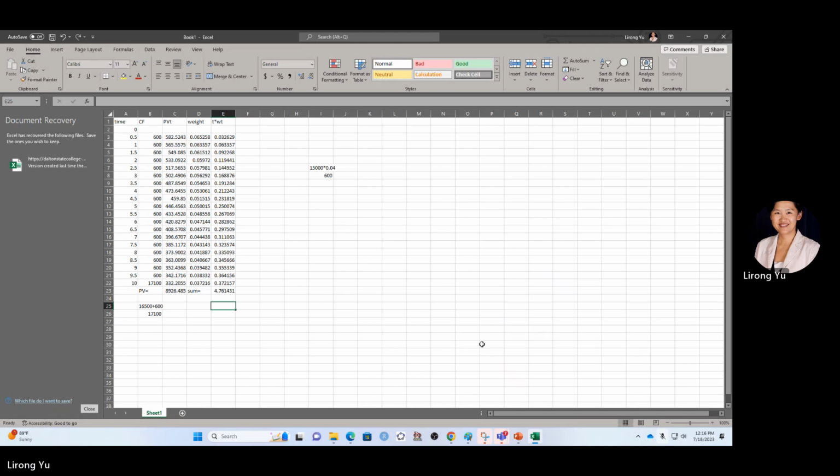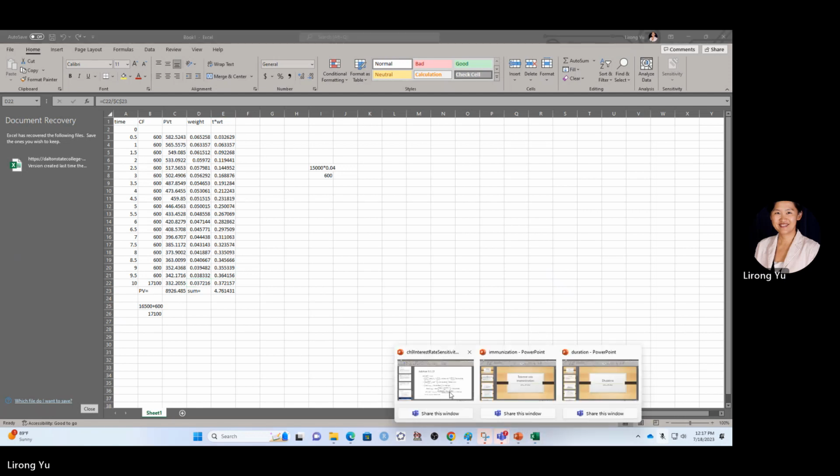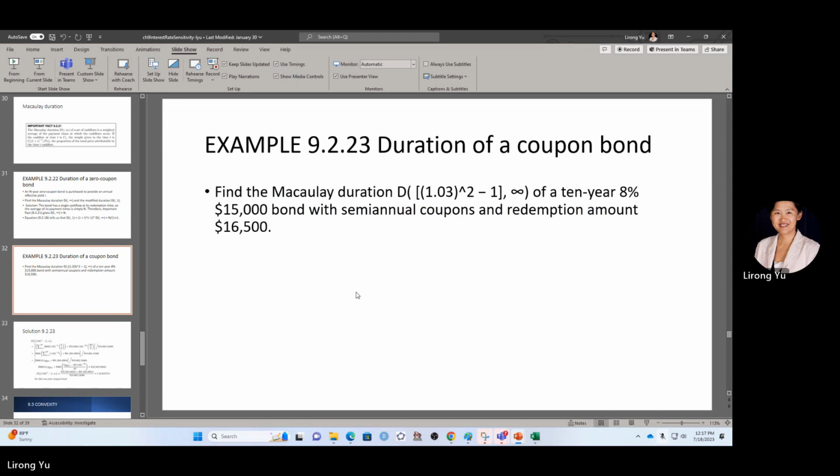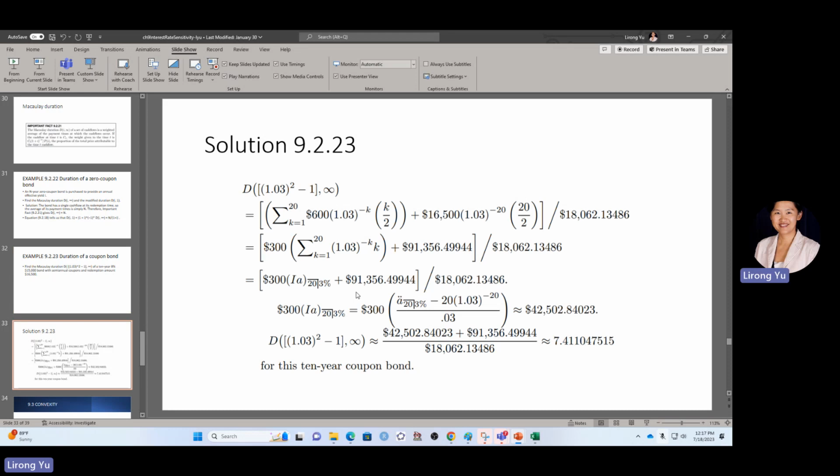Let me check A22. 600 times 1.03. 16,500 is the last cash flow.